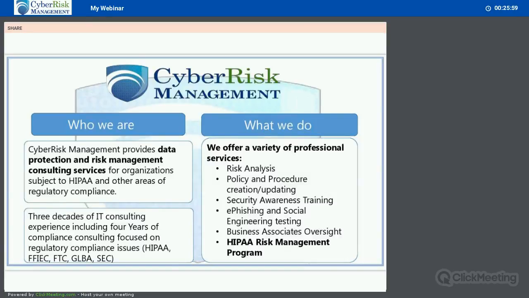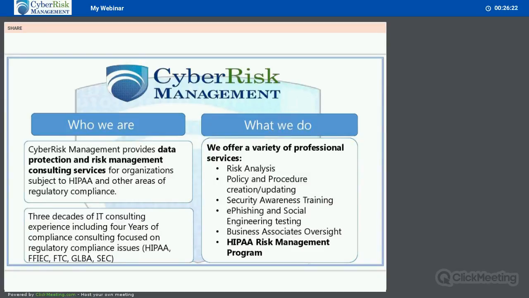We have 3 decades of IT consulting experience, and we have 4 years of specifically focusing on compliance with different regulations. And those include HIPAA, FFIEC, FTC, GLBA, SEC, PCI, and a variety of others.